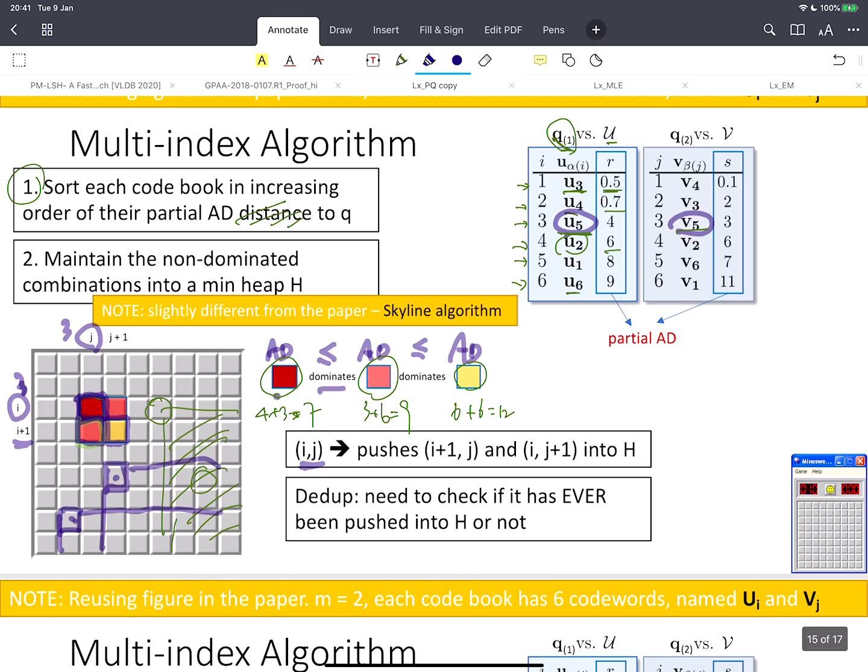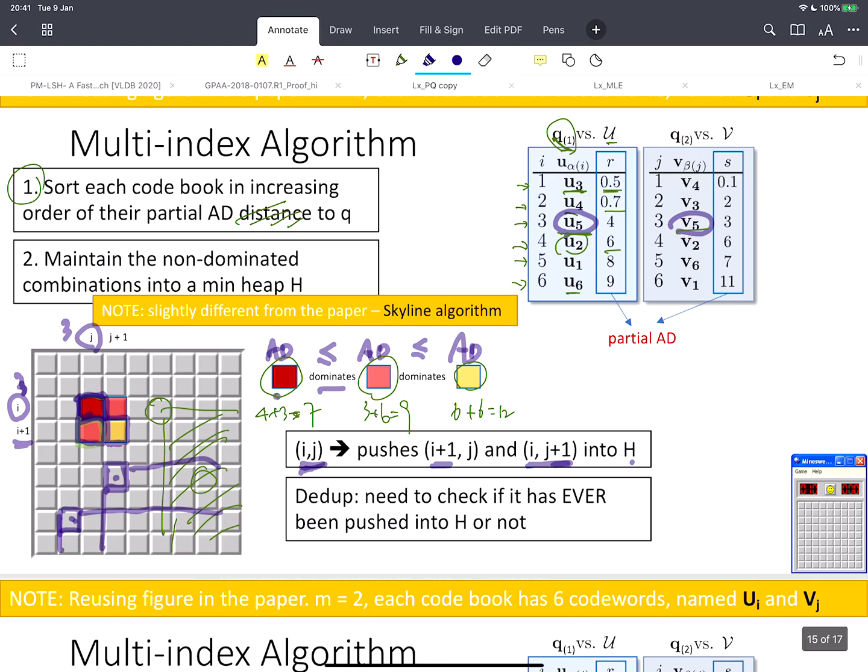So just to recap, whenever you are considering the ij, you push your two neighbors. That's your two neighbors because it's in 2 dimensions. Okay, in 3 dimensions you have 3 neighbors. You push all the neighbors into a special data structure called a min heap. Whenever you push an entry, the key will be the corresponding score.